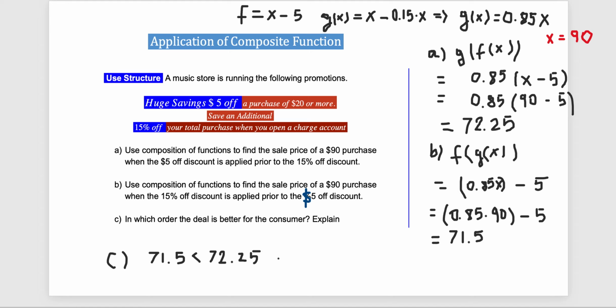So the better deal is going to be choice B. B is a better choice because we pay less money. For the store, choice A is better because they are going to get more money, but for the consumer, choice B is better.